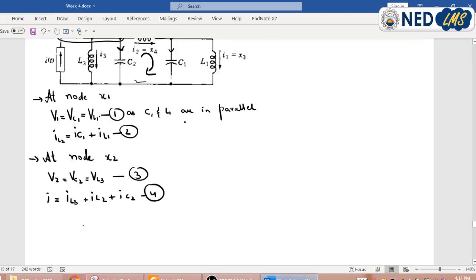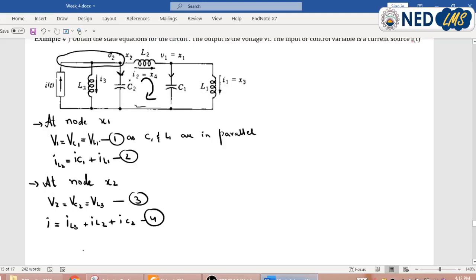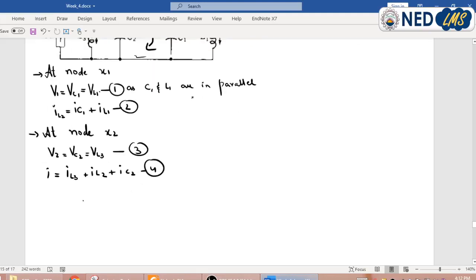This loop equation will be VC2 is equal to VL2 plus VC1. I can write this equation in terms of all inductor voltages.